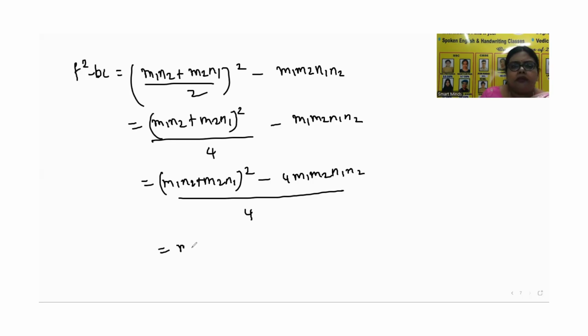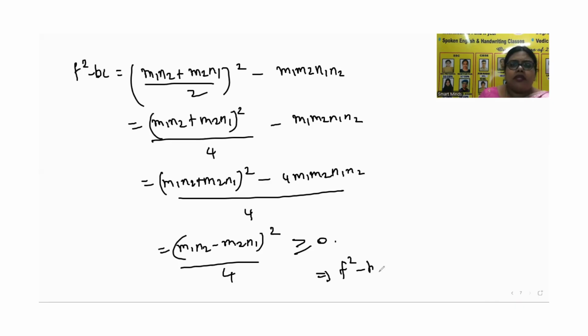So that will become (m1 n2 minus m2 n1)² by 4. Again this is greater than or equal to 0. So here you can say that f² minus bc is greater than or equal to 0, which implies f² greater than or equal to bc. So all the three parts of the second bit are proved.